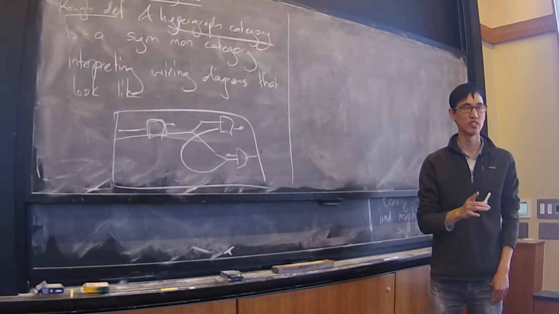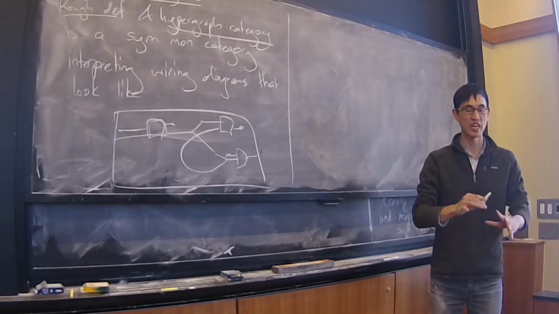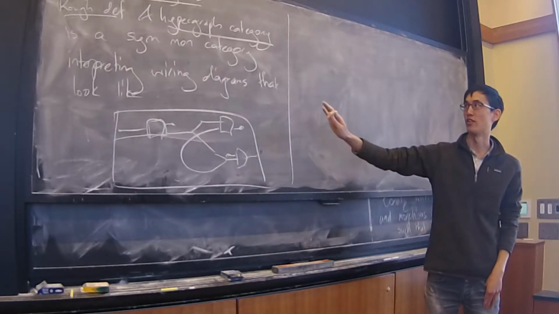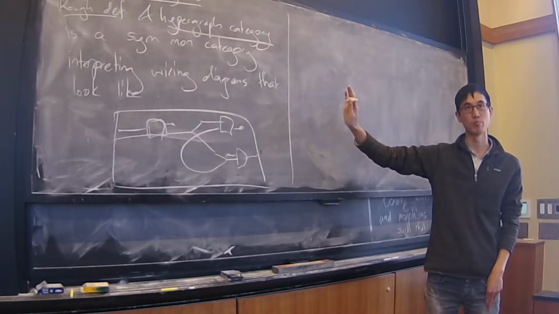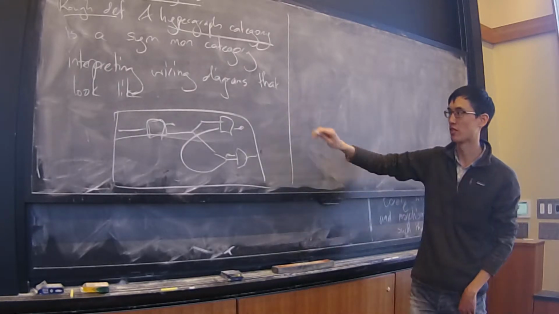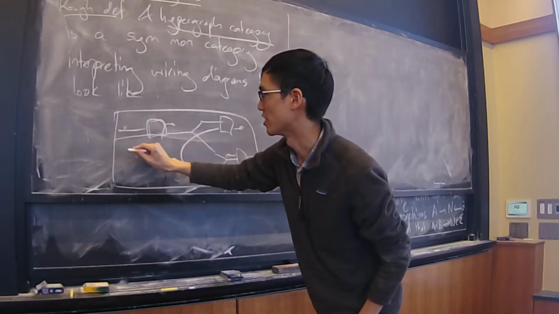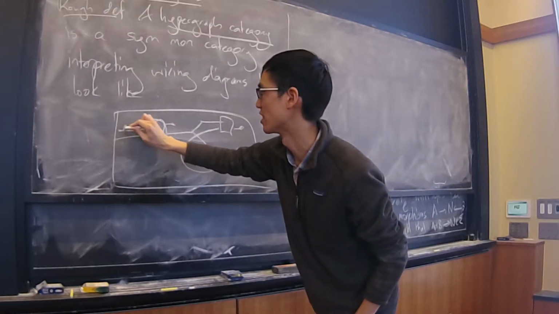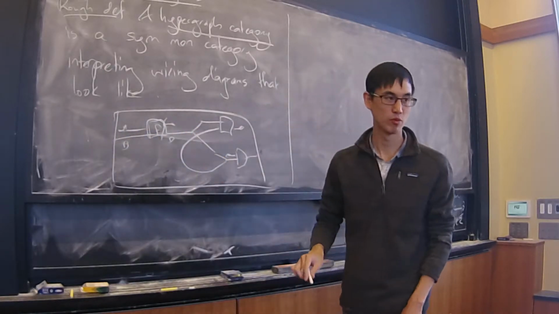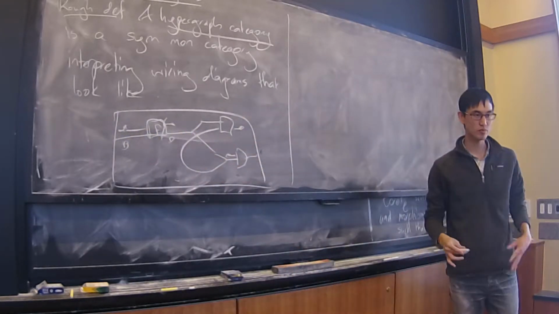So there's a category of signal flow graphs that is in particular a prop, so you might call it a hypergraph prop, but not all hypergraph categories have to be props. So you actually have genuine objects in the wire. So this is some morphism F from A plus B to C, or A times B to C times D, and so on.